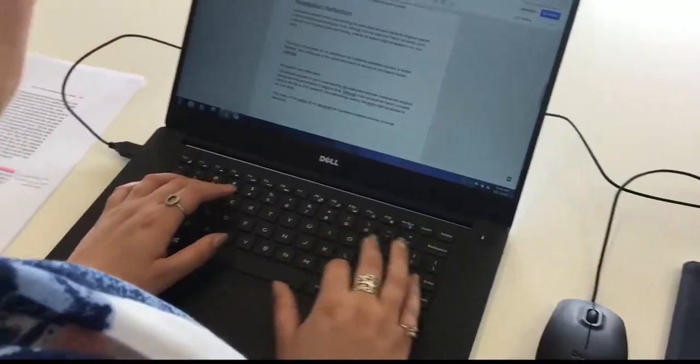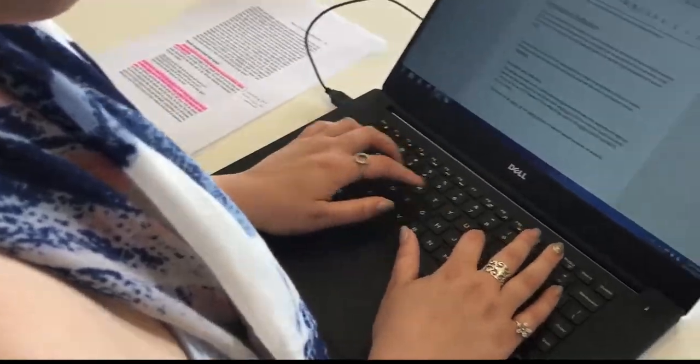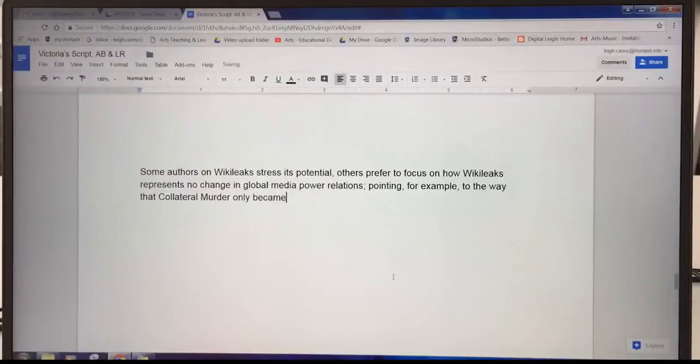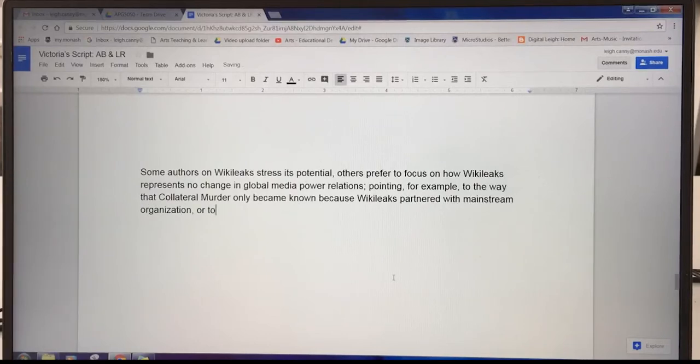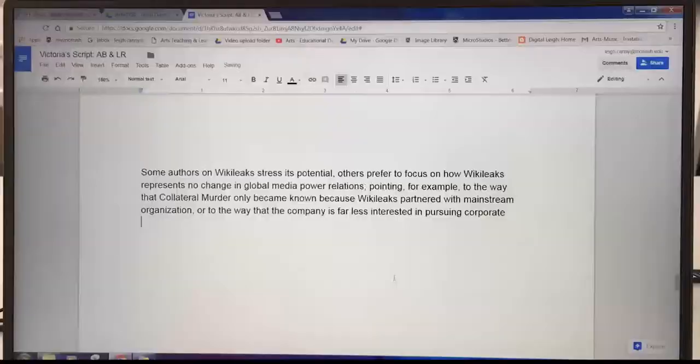Some authors on WikiLeaks stress its potential. Others prefer to focus on how WikiLeaks represents no change in global media power relations, pointing, for example, to the way that Collateral Murder only became known because WikiLeaks partnered with mainstream organisations, or the way that the company is far less interested in pursuing corporate corruption, Fuchs 2011 and 2013.